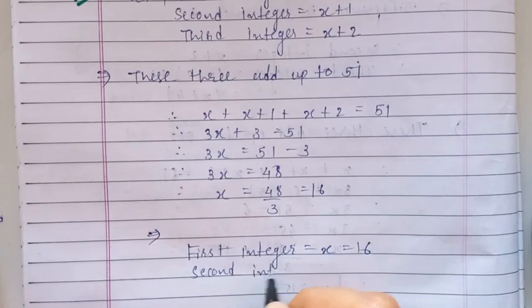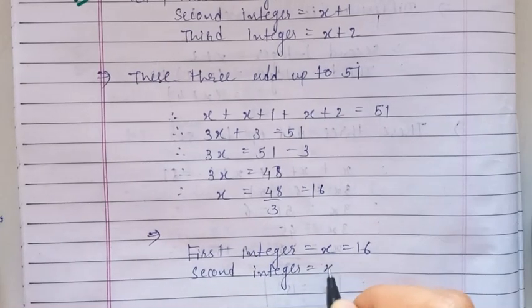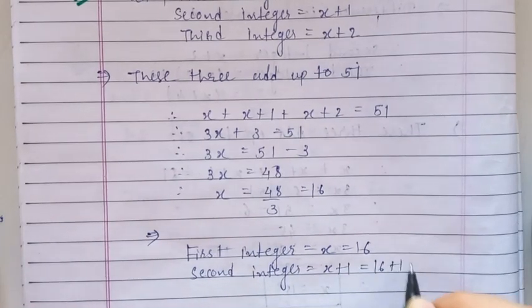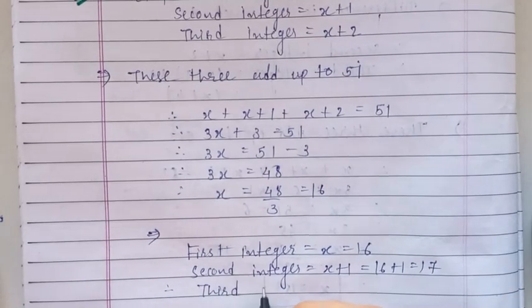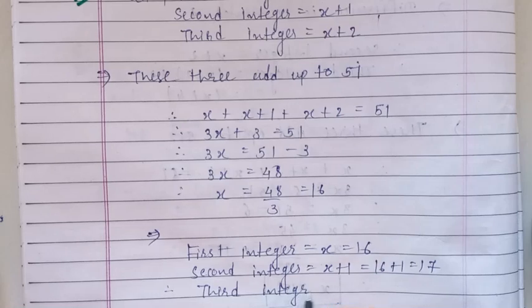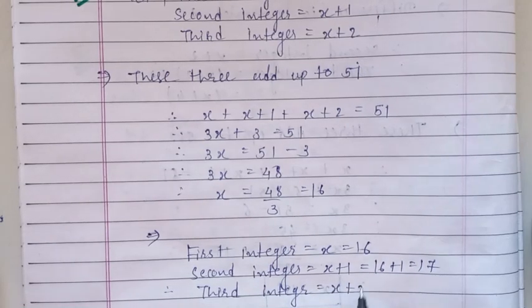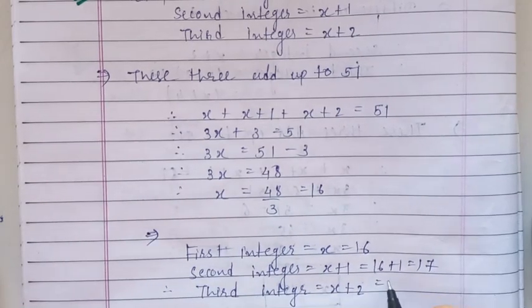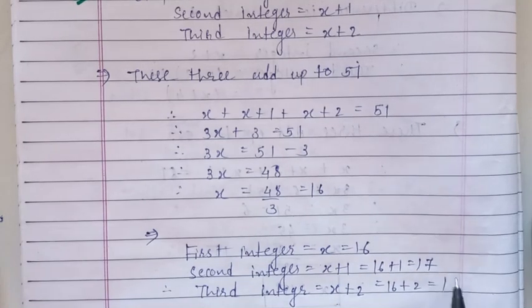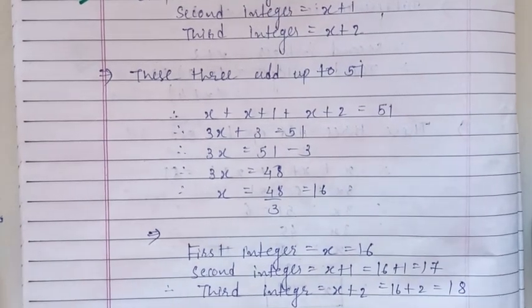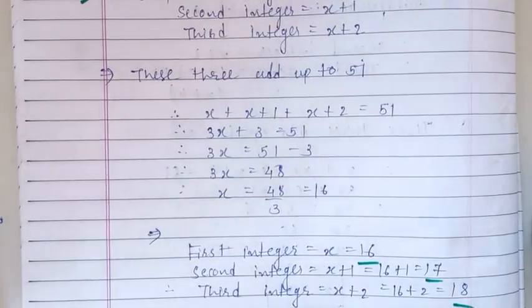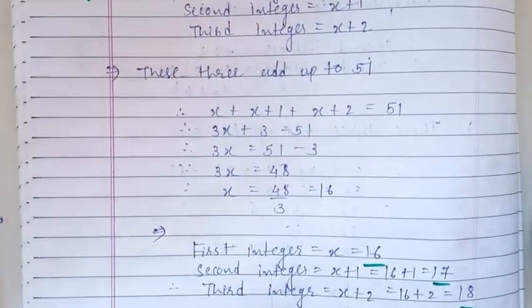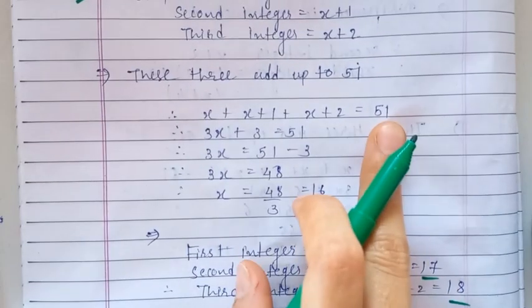Second integer x plus 1 is equal to 16 plus 1 is equal to 17, and third integer is equal to x plus 2 equal to 16 plus 2, 18. So 16, 17 and 18 are consecutive integers that add up to 51.